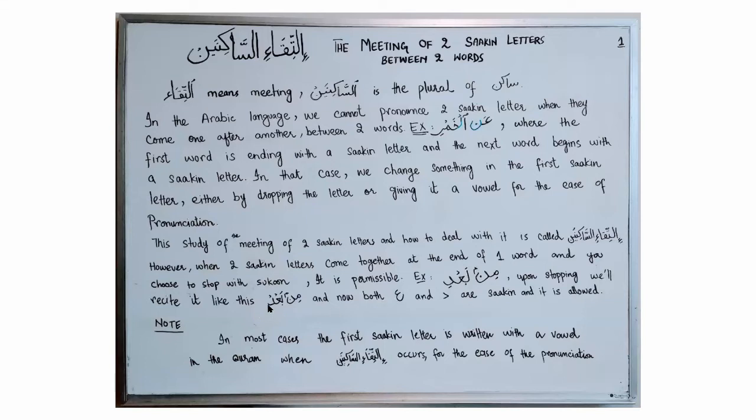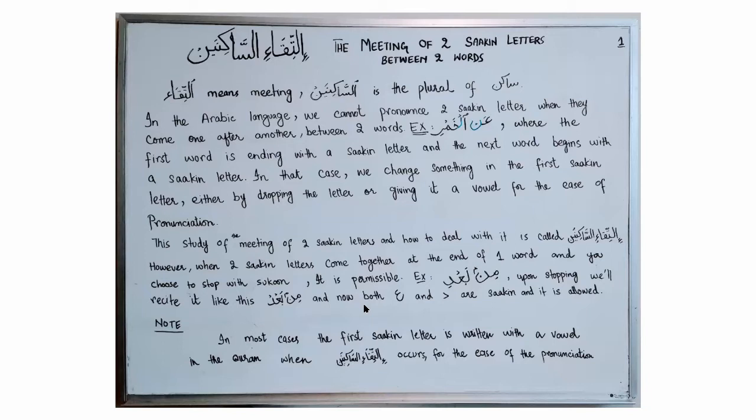Now letter ayn and letter dal, both of them are sakin. And because this is happening in one word, ba'd, ayn and dal, both of them are in one word, this is permissible. But when two sakin letters are meeting with each other between two words, we cannot recite it like that.